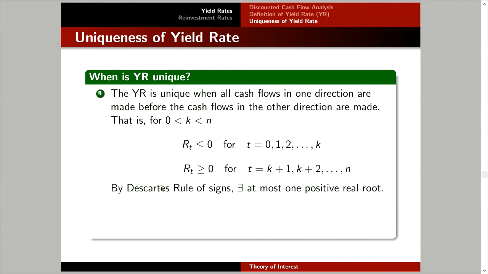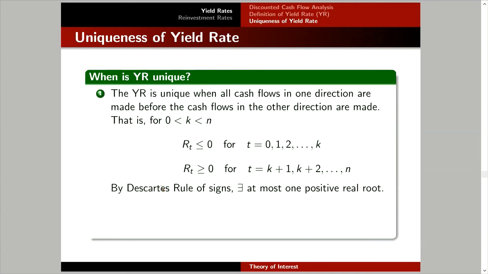So, may isa lang change in sign dun sa polynomial. Ibig sabihin nun, there exists at most one positive real root. So, meron lang isang yield rate tayo na makukompute. Kapag ganyan ang itsura ng problem, you will have a unique yield rate.